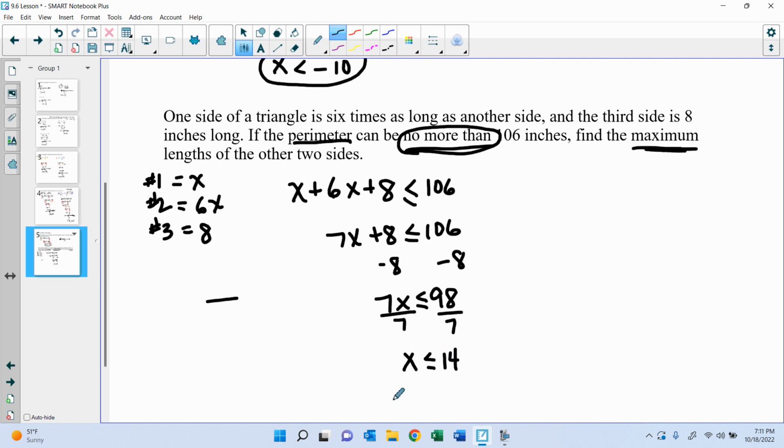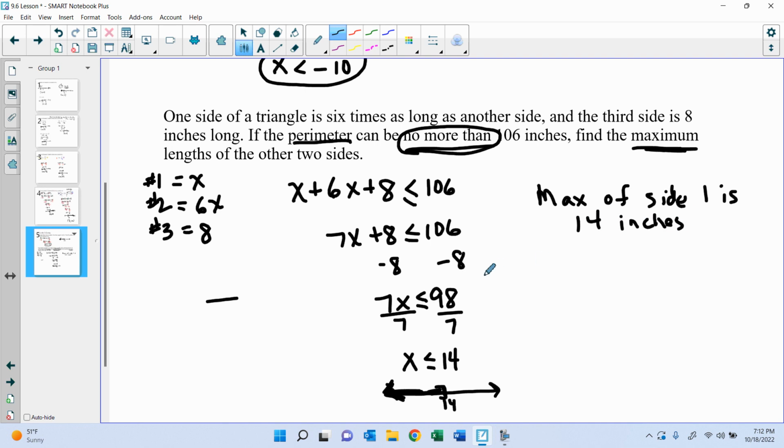Because this says x is less than or equal to 14. So if I have 14 on here, I'm including it, and x is anything less than that, so to the left. So the biggest, the maximum, is 14. So the maximum of side 1 is 14, and they told us inches, so we're going to say inches.